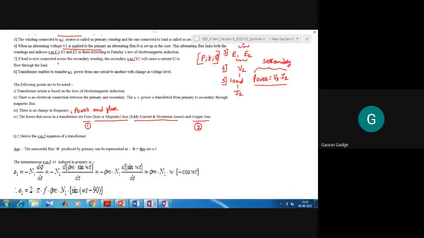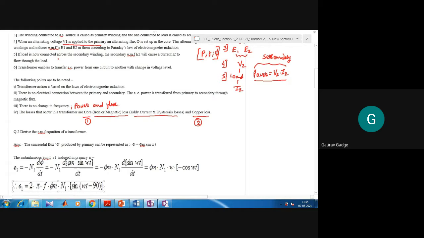So V1 I1 product gives us primary power P1, and V2 I2 gives us secondary power P2. So this way the transformer transfers the energy from one side of the AC circuit to the other side of the AC circuit. Okay. Now I just take the next question.